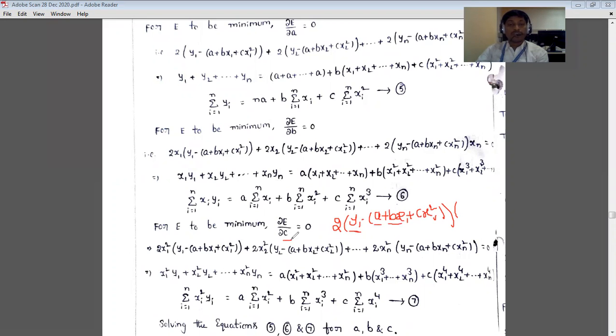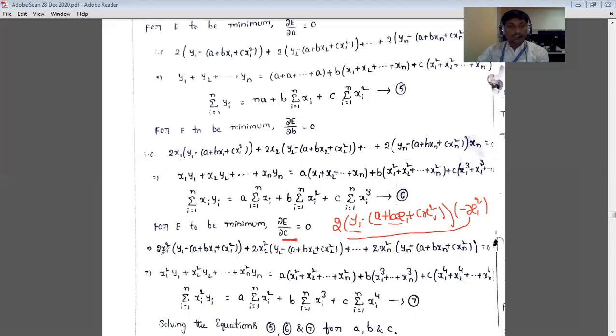Why? Because we are applying the partial derivative with respect to c. So for that minus as this, and dou by dou c of c is nothing but 1, and what we have remaining is only x1 square. So if you apply the derivative one time, we get this one. That's why here we wrote 2x1 square into this one, 2x2 square into this one, and 2xn square into this one. Of course, the minus we eliminated, and then we wrote the remaining.